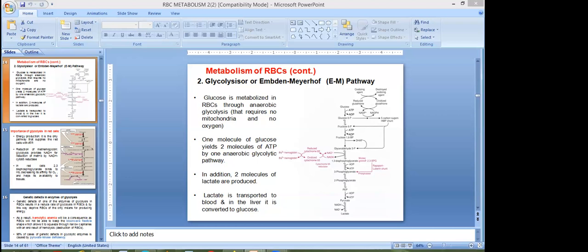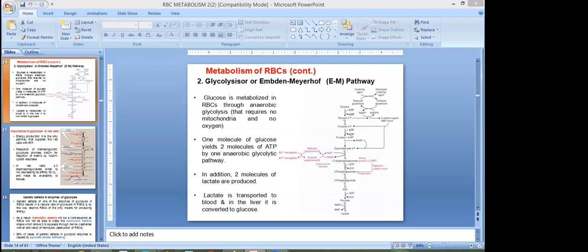Anyway, here it is, glycolysis. And here is the 1,3-BPG we've talked about, acted on by mutase to 2,3-BPG. Remember, we said 2,3-BPG decreases the affinity of hemoglobin for oxygen.